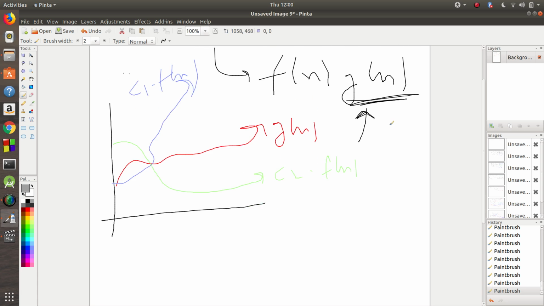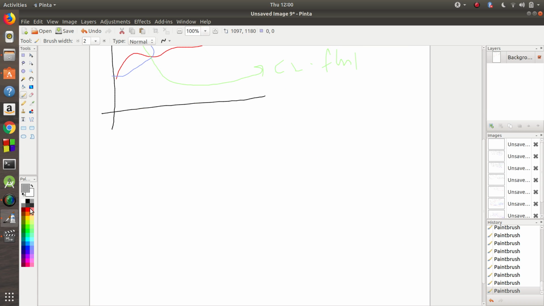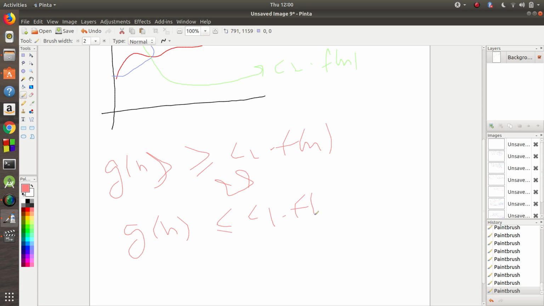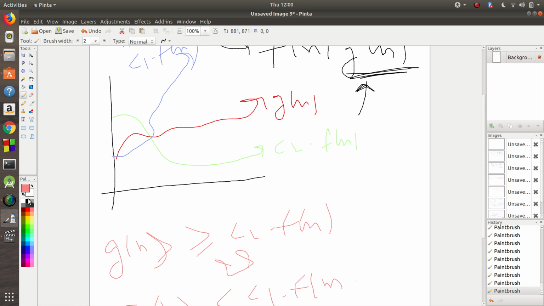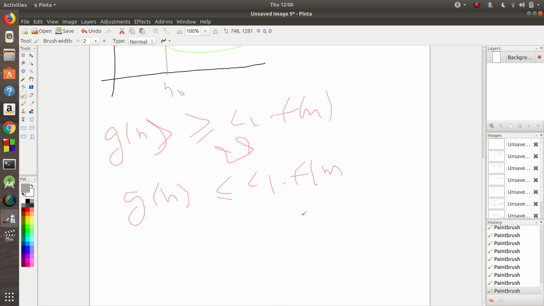So whenever such a thing happens, when g of n is greater than or equal to c1 of f of n and g of n is less than or equal to c2 of f of n, and let's say we are checking this condition at point n naught, so this would hold for all n greater than n naught, right?